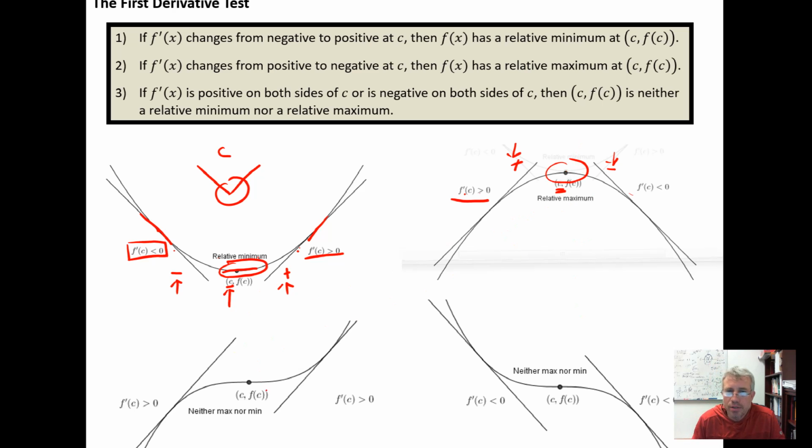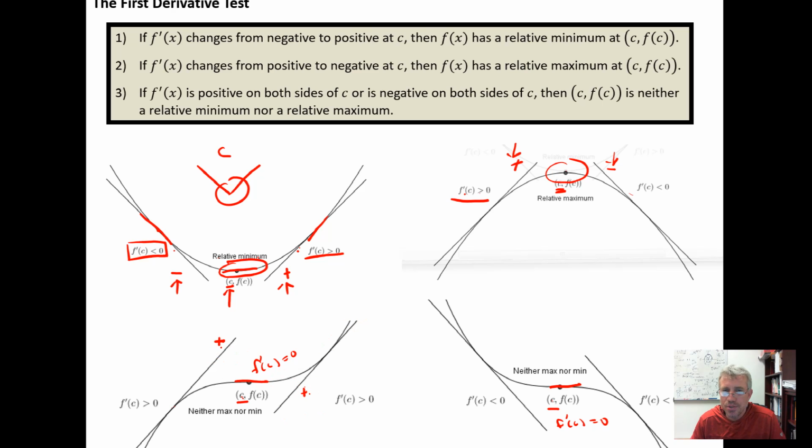Just because you find a critical number doesn't mean that you have a max or min. So here's two spots where the derivative is equal to 0. So at c, we see f prime of c is equal to 0. Here, f prime of c is going to equal 0. So we have critical numbers. So if the tangent line slopes don't change, so here the tangent lines to the left of the critical number are positive, and to the right of the critical number, the slope of the tangent line is still positive.